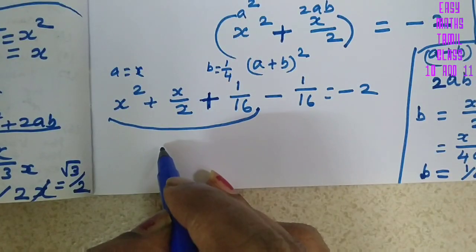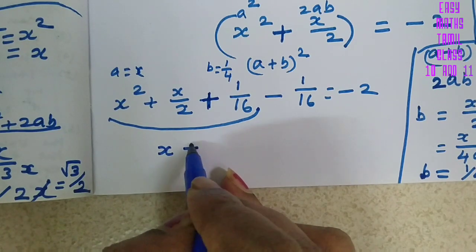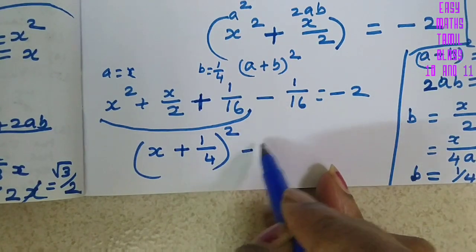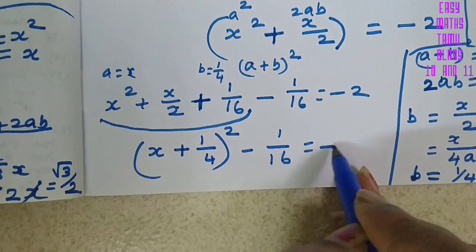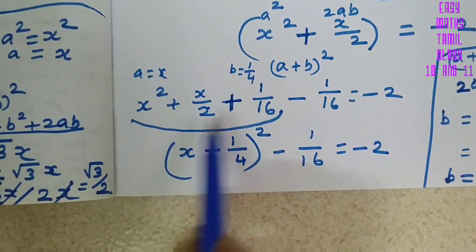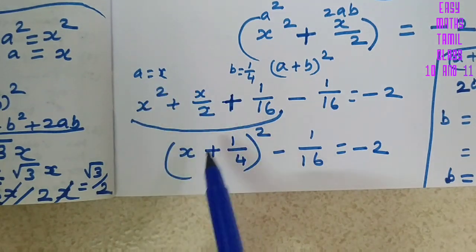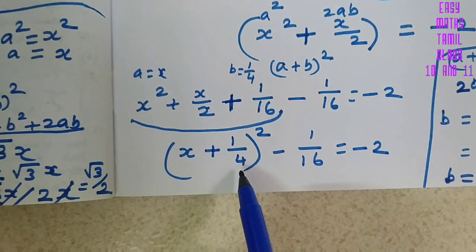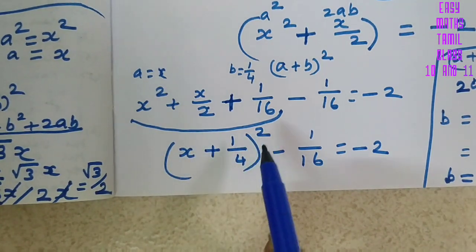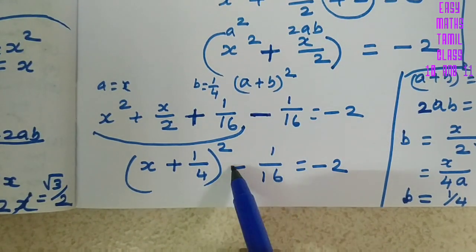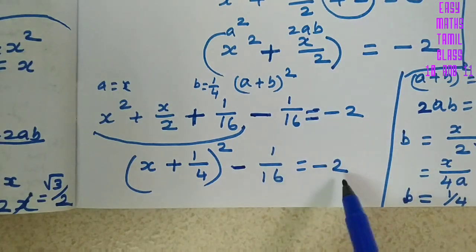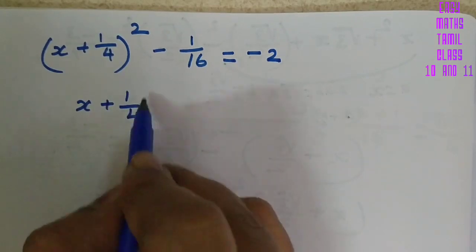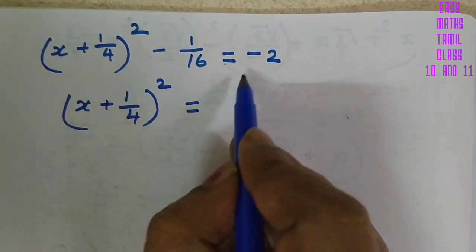So a plus b whole square, where a is x and b is 1 by 4, minus 1 by 16 equal to minus 2. Now x plus 1 by 4 the whole square minus 1 by 16 equal to minus 2.